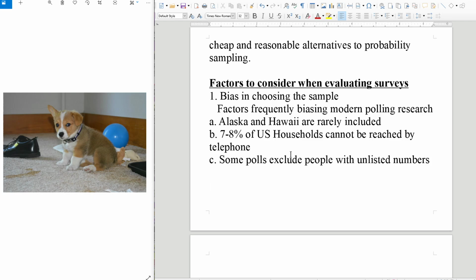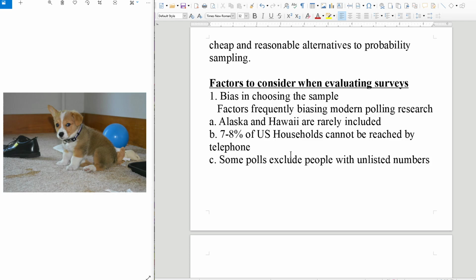What you want is to randomly select somebody in the household that you have contacted. You can think about this for a second because it is a hard problem. How do you randomly select somebody in a house when you don't know how many people are there? And what would be a random way of doing it that wouldn't be correlated with their age or their sex or their race or their religion or anything else?